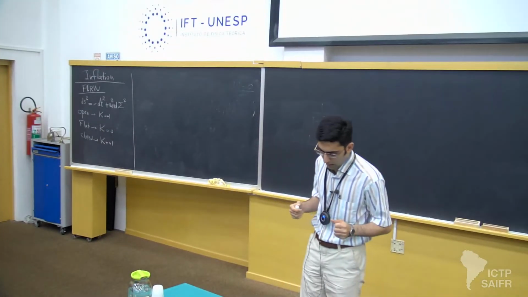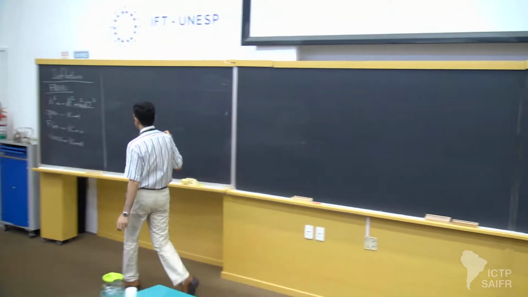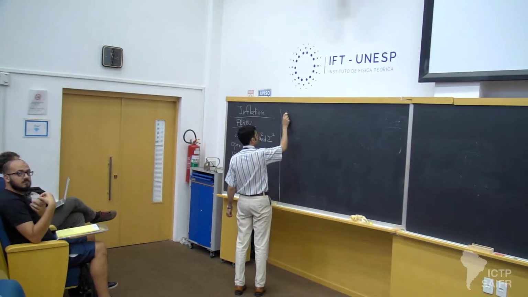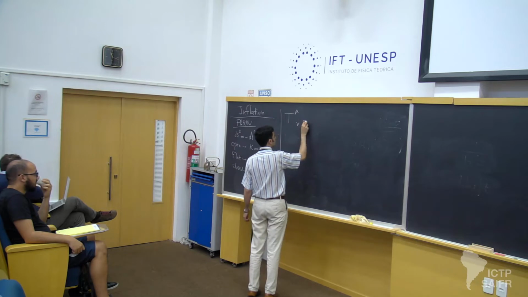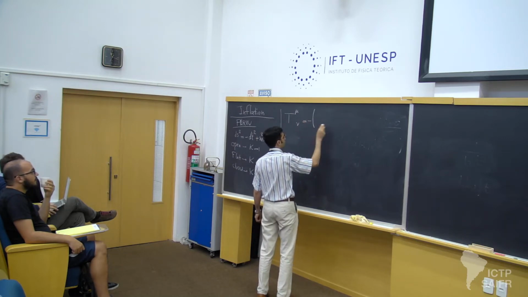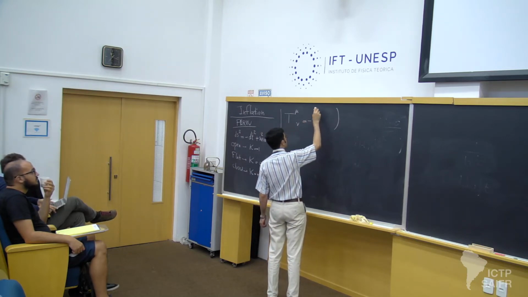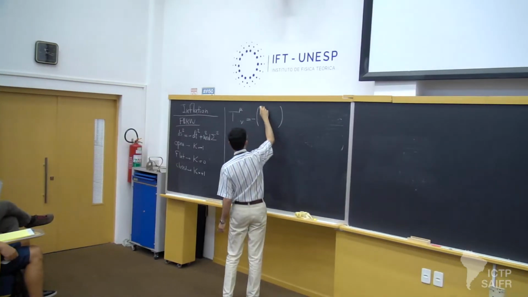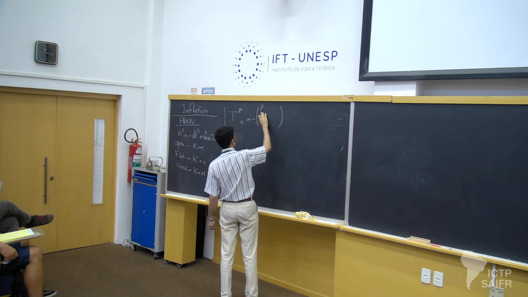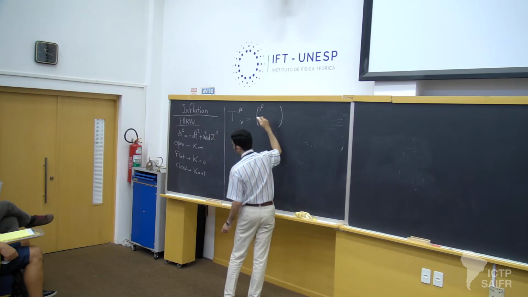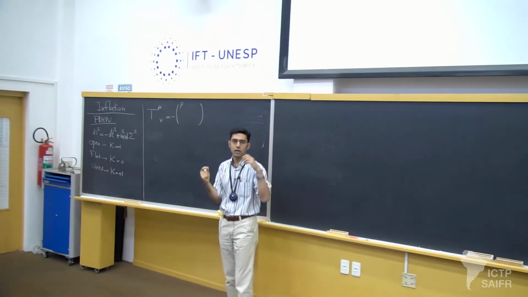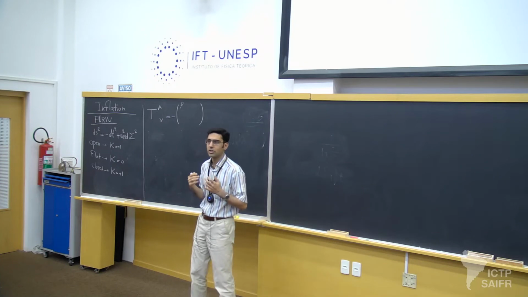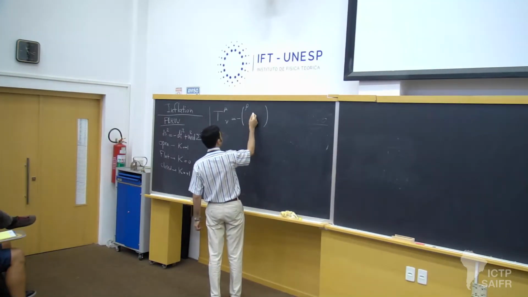Now, another thing is that with the symmetries that we assume, the stress energy tensor takes the following form. It will be diagonal in this coordinate system, and then the diagonal elements: there will be the 0,0 component, and then the three spatial components have to be equal, again because of the assumption of homogeneity and isotropy.